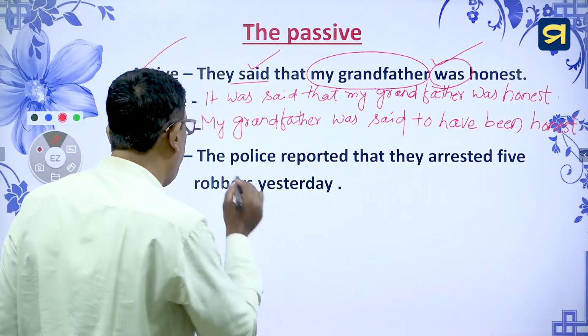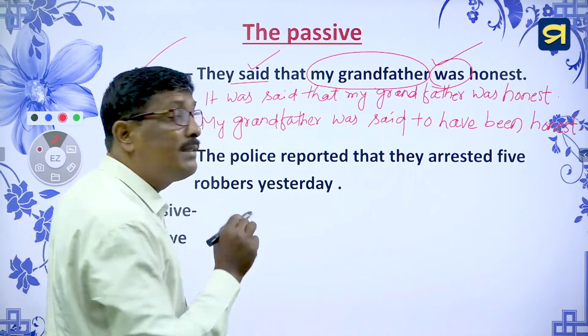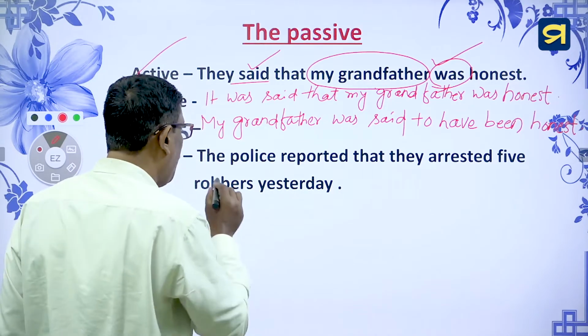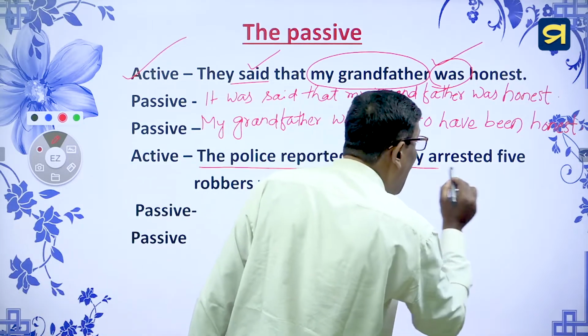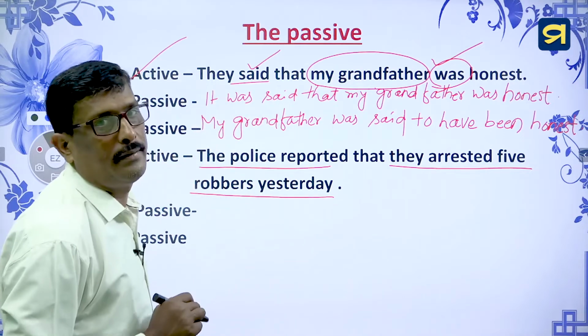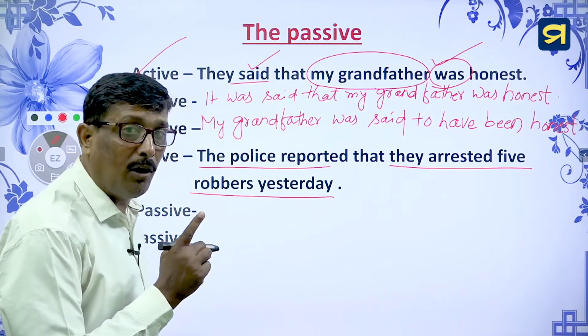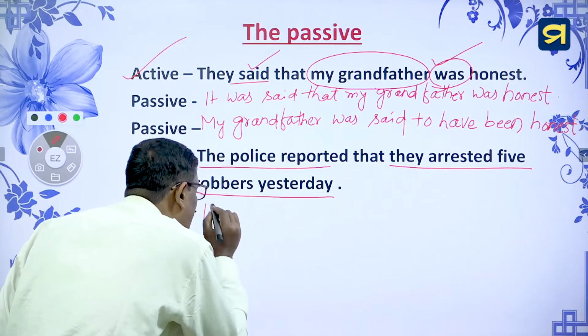Okay, then: the police reported that they arrested 5 robbers yesterday. You mark it, it is in simple past tense and they arrested 5 robbers is in active voice. When that clause has active voice, how will we change? Very good. By using it in the beginning of the sentence.